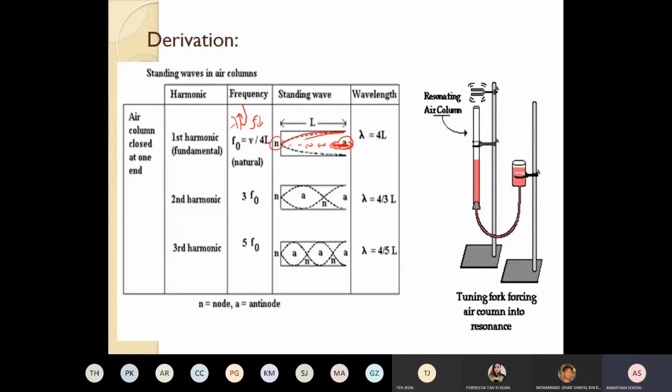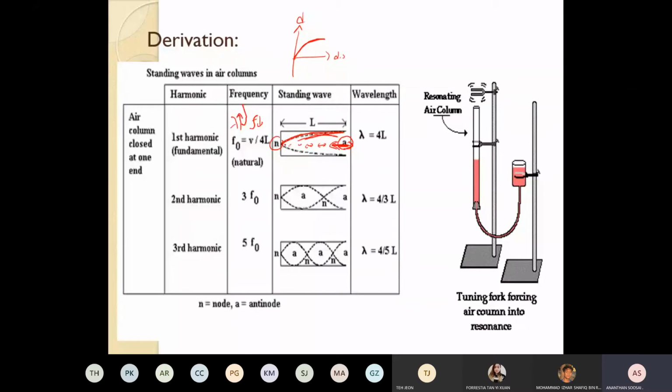So to refer to a graph, the graph will be like this, in terms of distance versus displacement. The graph of amplitude, the displacement, will be like this. That's what is drawn here.